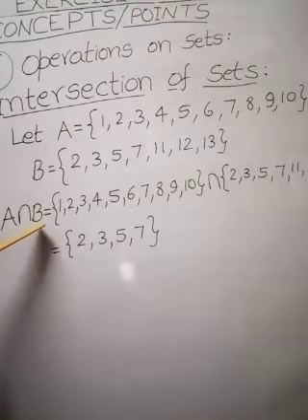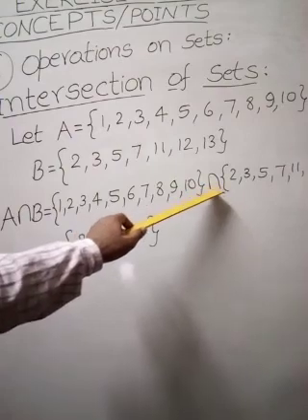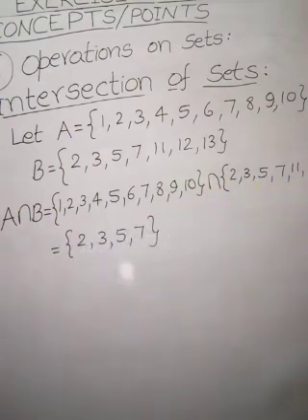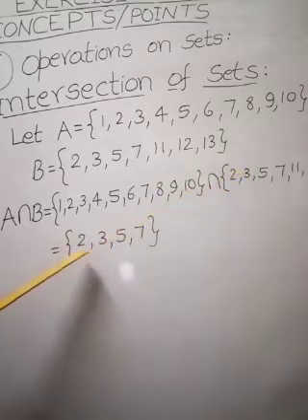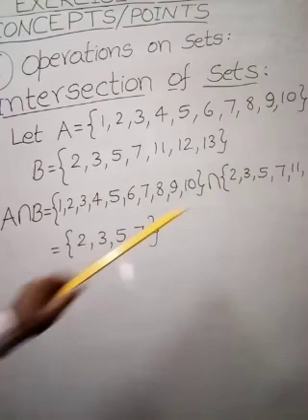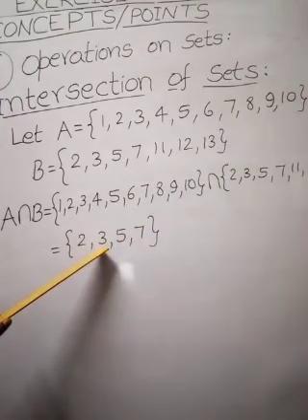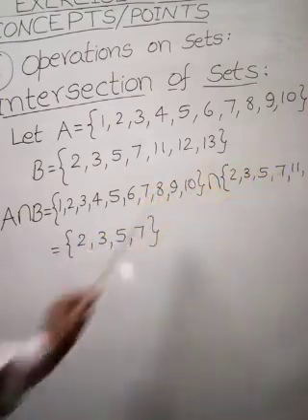A intersection B is equal to, first we write set A, intersection symbol, set B. Now we have to observe which elements are common in both A and B. See here, 2 is there, here also 2 is there, so we write that element here. 3 is there, and here also 3 is there, so that is a common element. 5 is a common element, and 7 is also a common element.